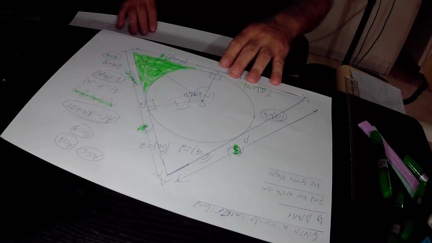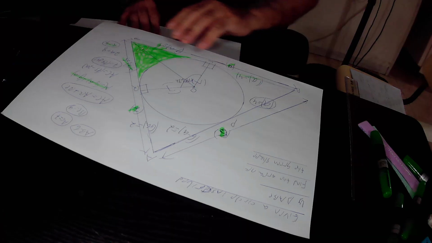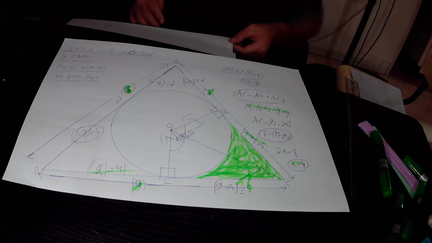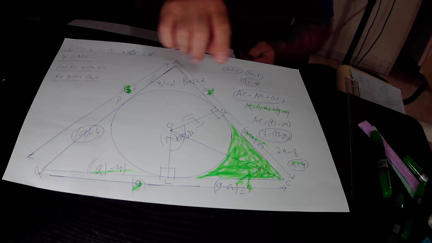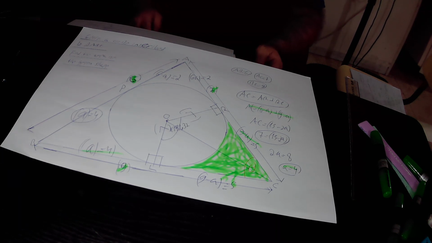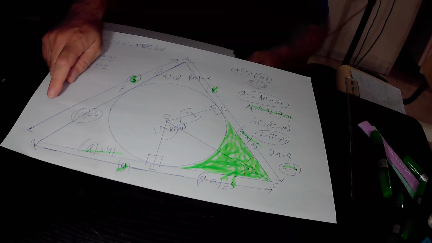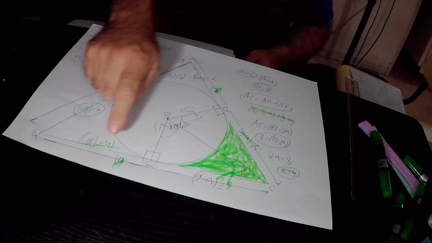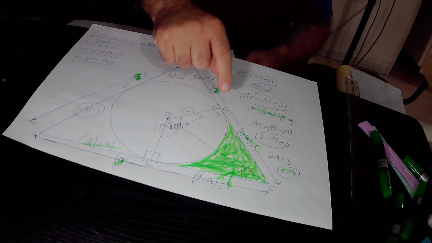So, in the next step, we find out the semi-perimeter of this triangle ABC. The semi-perimeter of any triangle is equal to the perimeter over 2. The perimeter of any triangle is equal to the sum of the lengths of its three sides. In this case, it is AB, this is equal to 6, plus BC, this is 9, plus AC, that is 7.